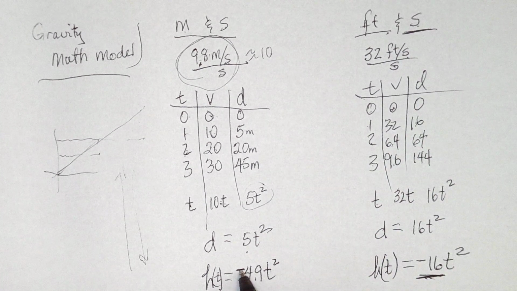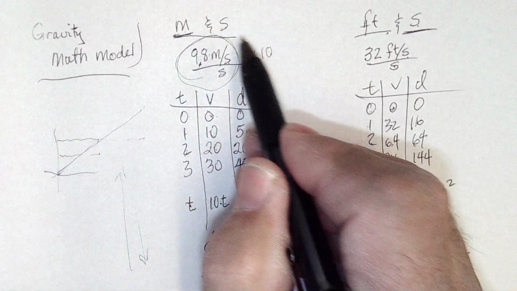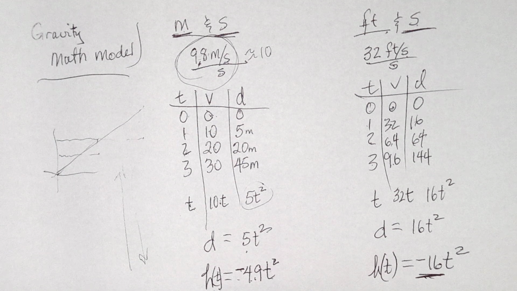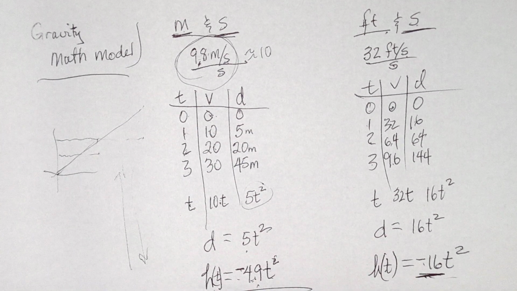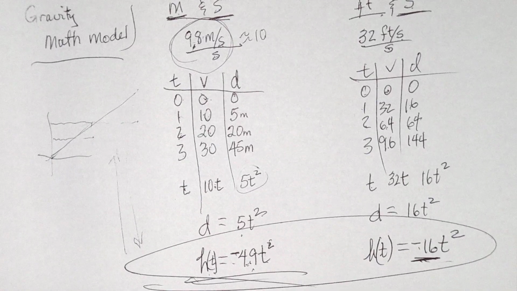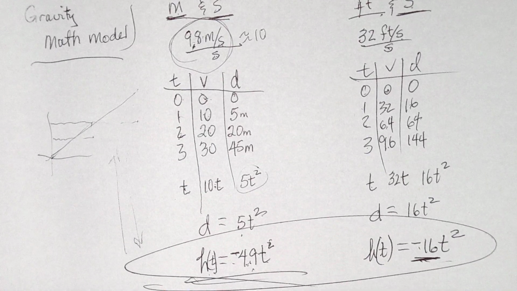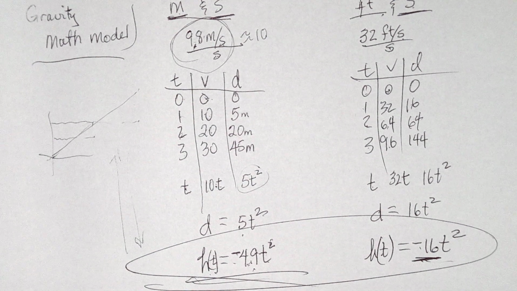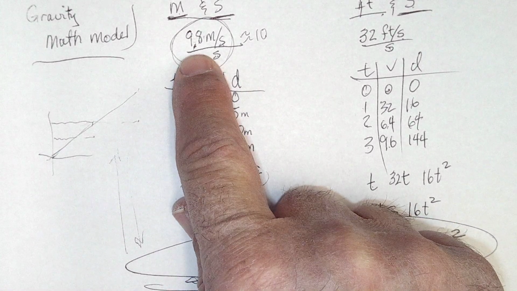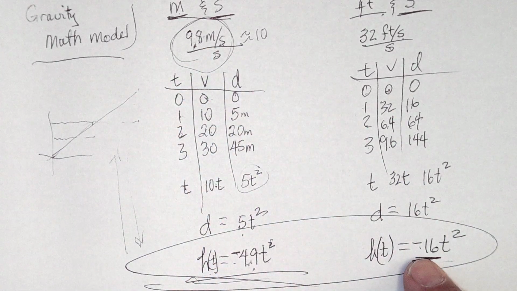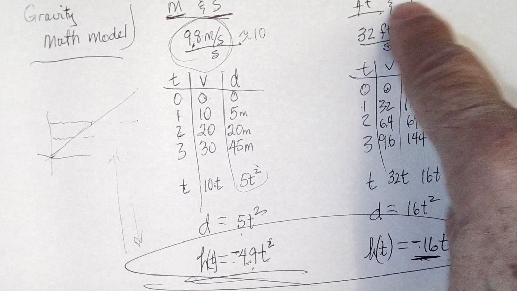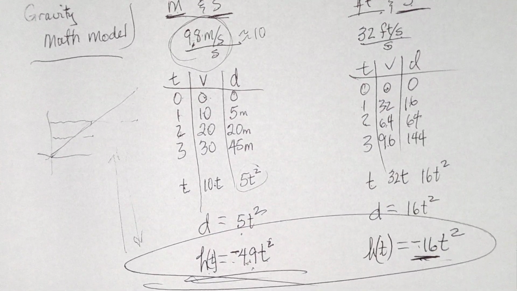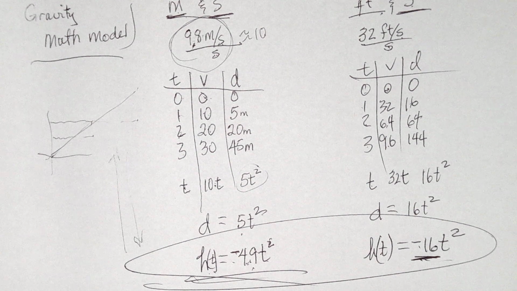If you ever see negative 4.9t squared, you know the height is measured in meters and time is in seconds. The negative 4.9 and the negative 16 t squareds are something I feel you should recognize as the height as affected by gravity. This is half of the acceleration due to gravity in the metric system, and half the acceleration due to gravity in the English system. All right, that's something I talked about on Friday.